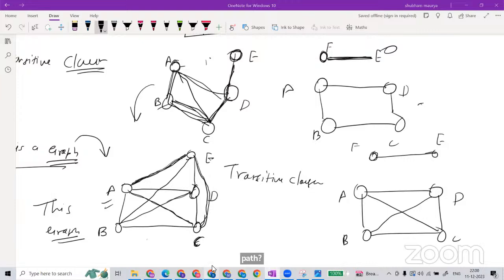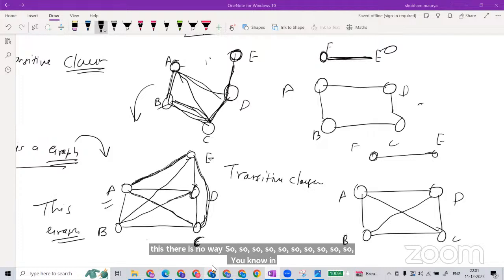And what is in the shortest path? Like there is a path of length 2, path of length 3. Sir, how can we go from transitive closure to find the shortest path? Because there is no way to. In terms of how we can know that.